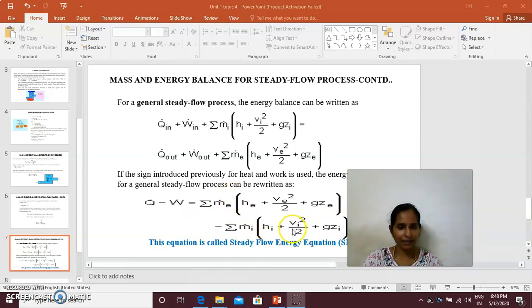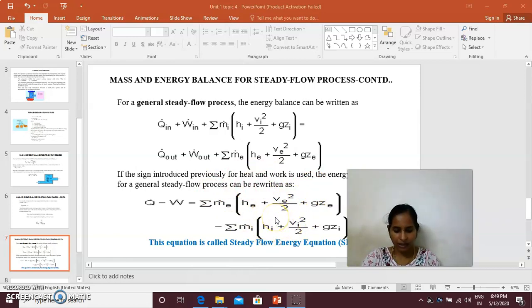It is very easy to remember: heat in minus, if this is input heat energy, this is W out, what is the work which we are getting, the difference is the energy transfer that happened inside the system.